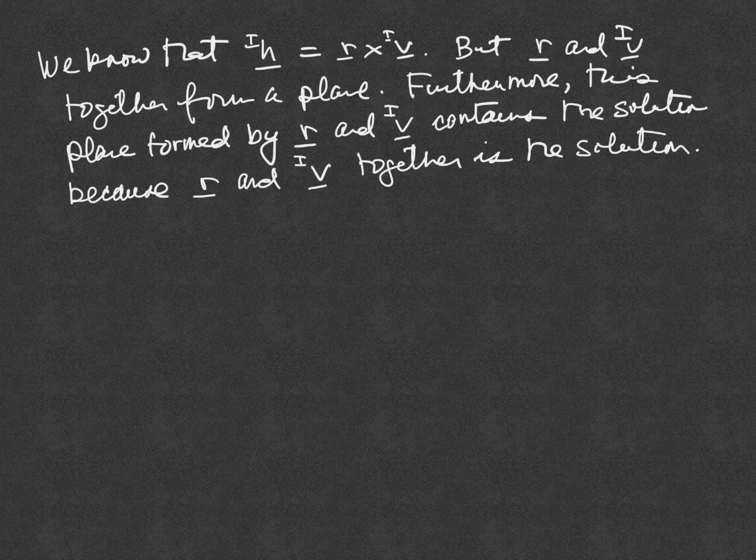In other words, if I know the position, then I have the solution. If I know the position, I know the velocity, because the velocity is the rate of change of the position. So I know everything that I need to know in order to tell you what the solution is. So that means that r and VI form the solution plane.